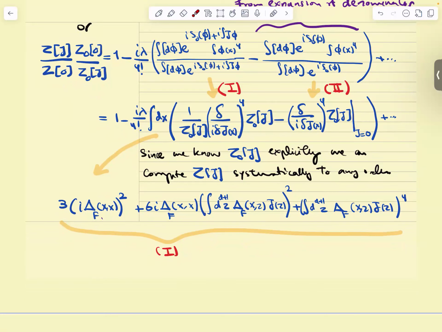Is it clear, or are you guys lost? You seem very lost. These are functional derivatives. So what I'm doing is this: 1 over Z naught of J, the fourth derivative with respect to J(x1) through J(x4), with factors of i to the power of 4.